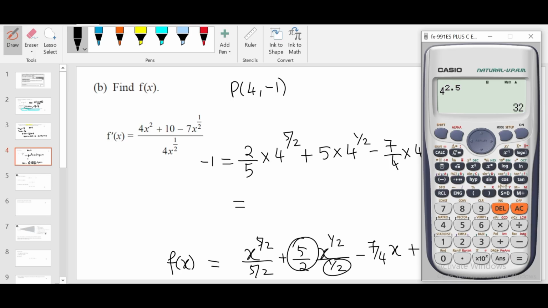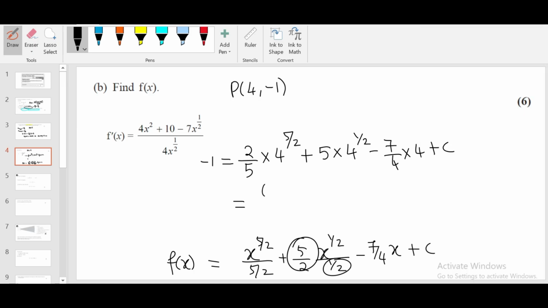I got 32. 32 times 2 over 5 is 64 over 5. 4 power half is 2, so you'll get 10 minus 7 plus c.